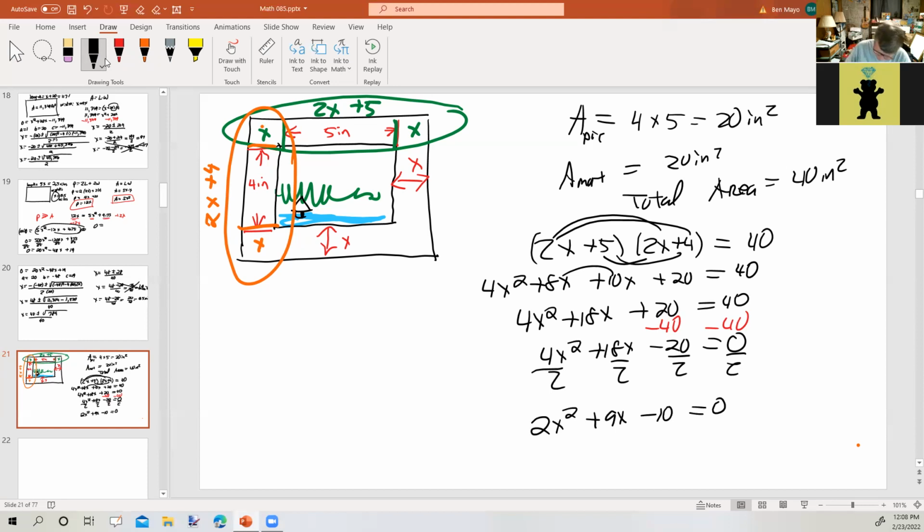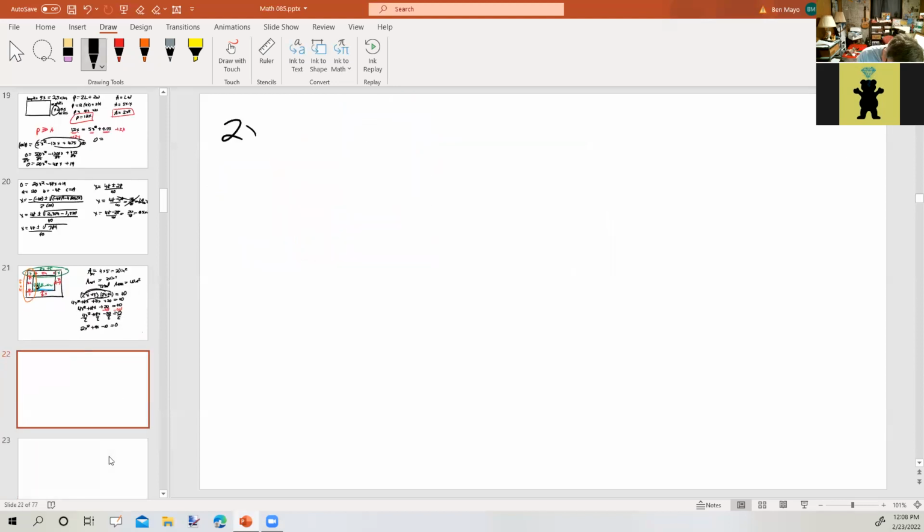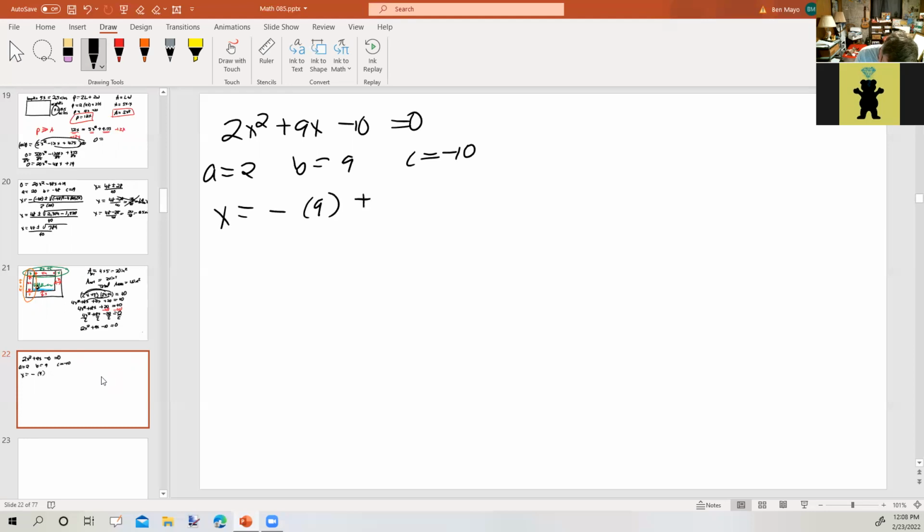Okay. Let's take that and go to the next page. 2x squared plus 9x minus 10 equals 0. A is 2, B is 9, C is negative 10. X equals negative B plus or minus the square root of B squared minus 4AC all over 2A.